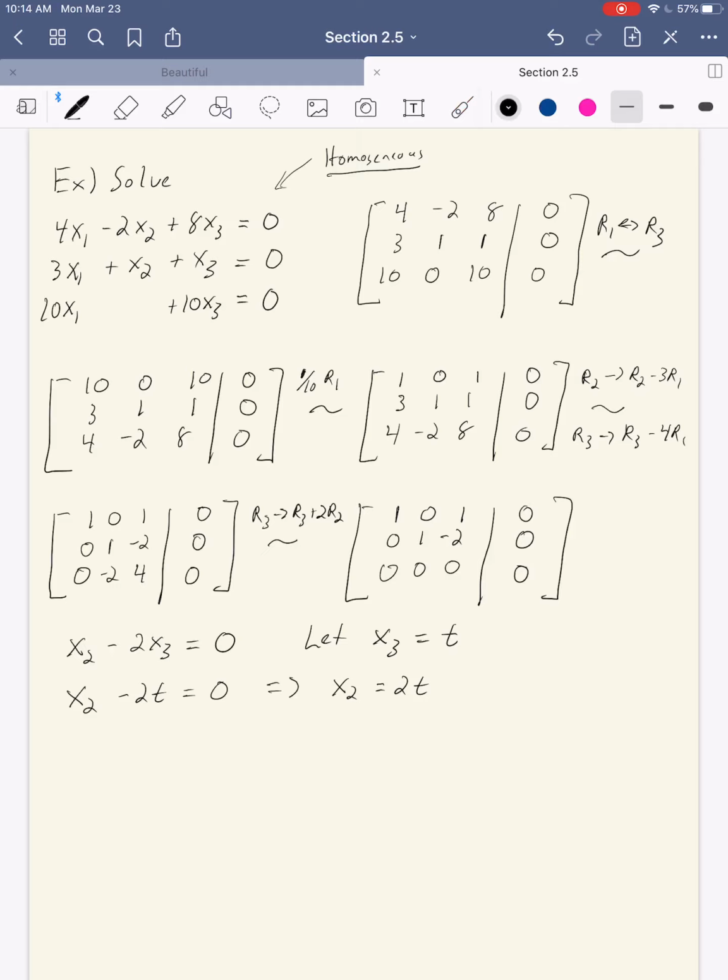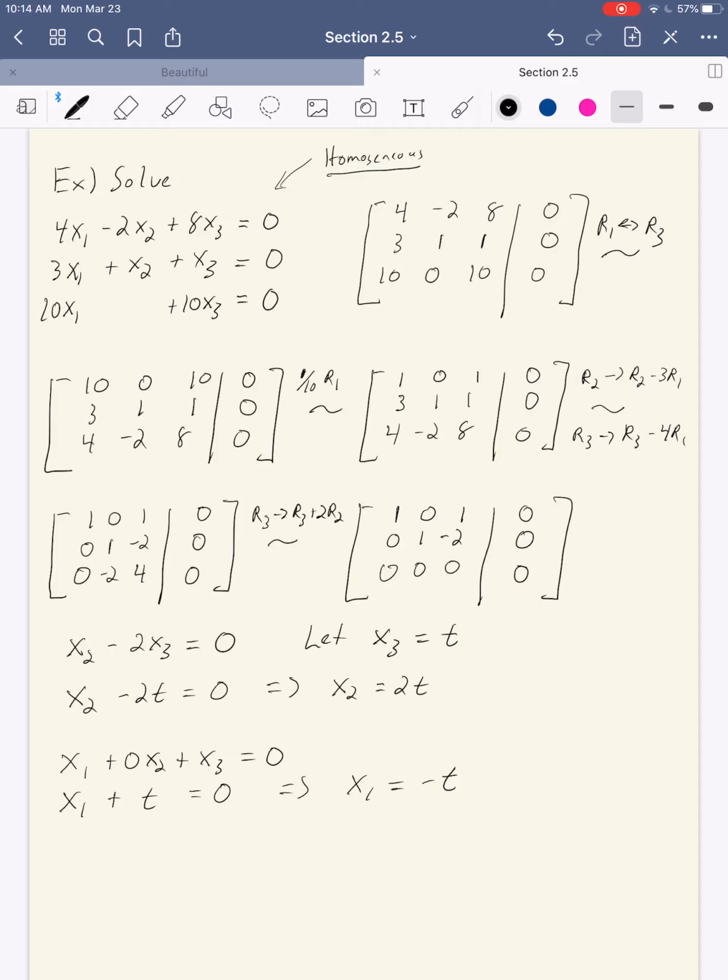Now let's go to our other equation. We still have to find out something about x1. In that one, x1 plus 0x2 plus x3 is 0. We still have x3 be t, so we get x1 plus t is 0, and that tells us that x1 is negative t.